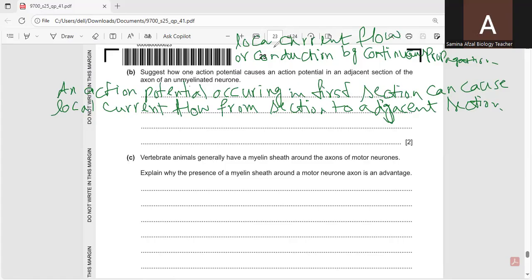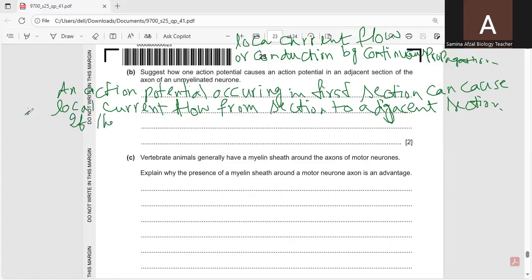Then the movement of charge causes the membrane potential to become slightly less negative, reaching threshold and initiating the new action potential.